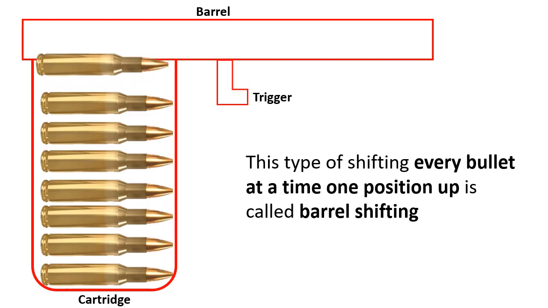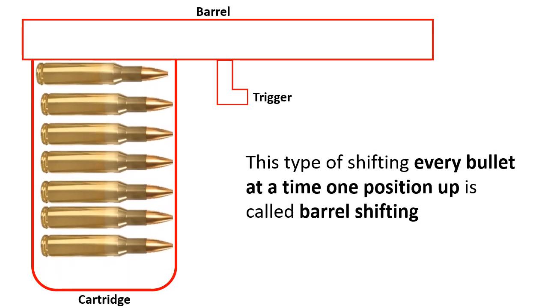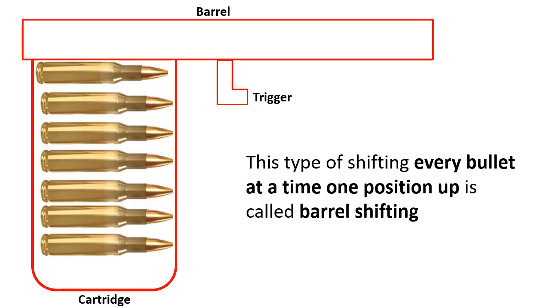When the trigger is pressed, the bullet is shifted to the barrel and passes out of the gun. The vacant place here is filled with bullets by moving all the bullets at a time upward, rather than filling the vacant place by bullets one by one.